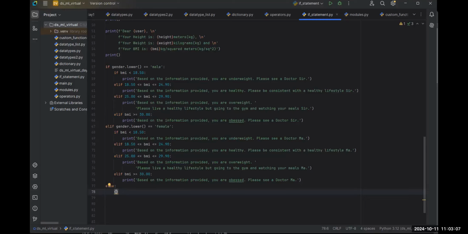We are saying here print what? No gender specified, full stop. All right, now let's go ahead and run our code and see what our results would be.